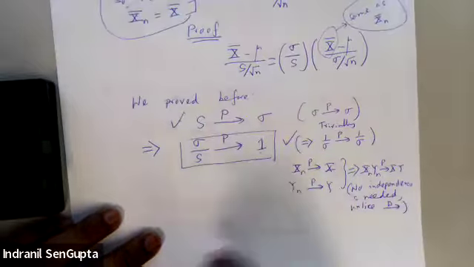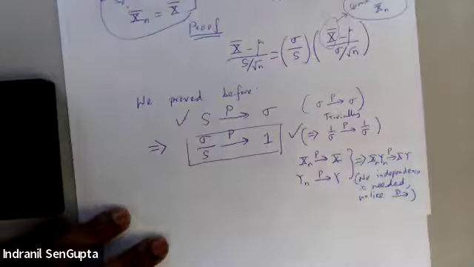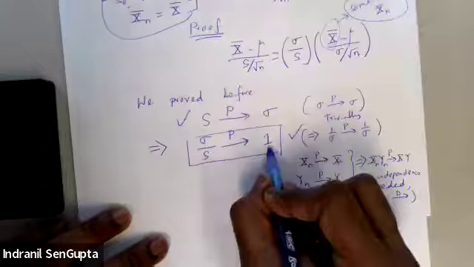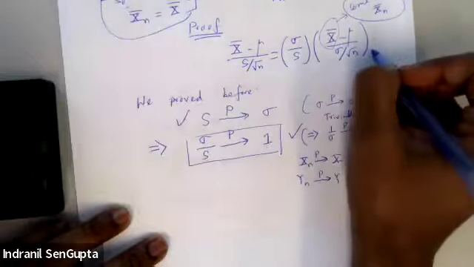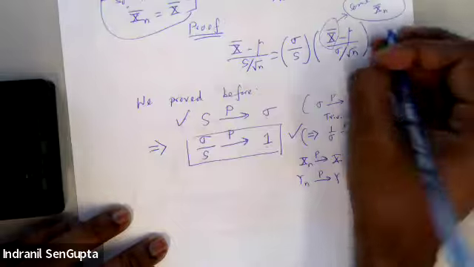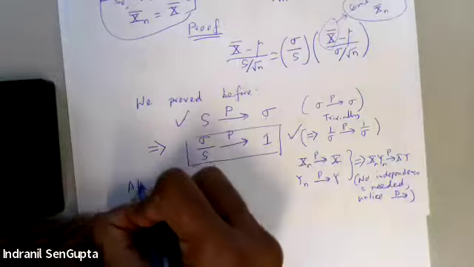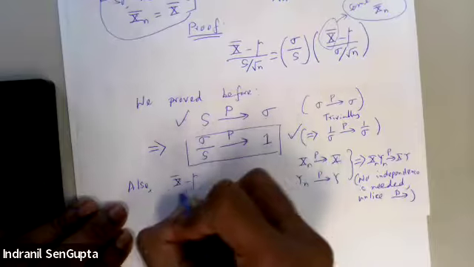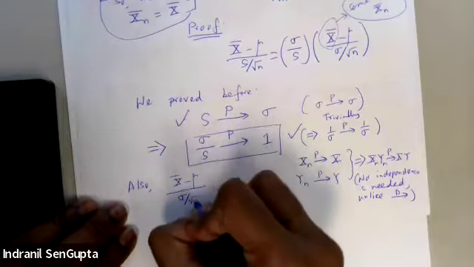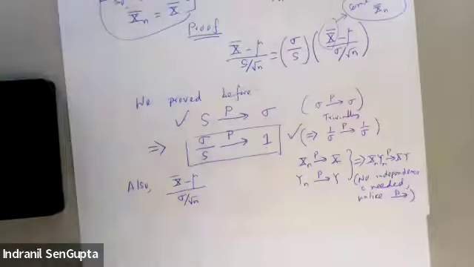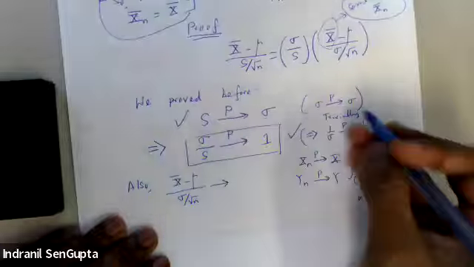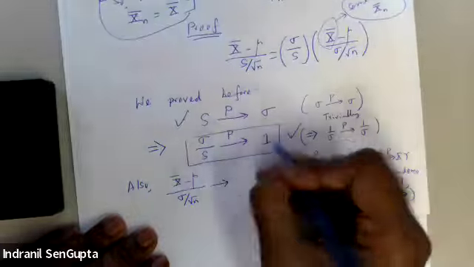Now, what do you have? Basically, I have something which is going to a constant, and this quantity. We already know that x bar minus mu over sigma over square root of n is going to the normal distribution.